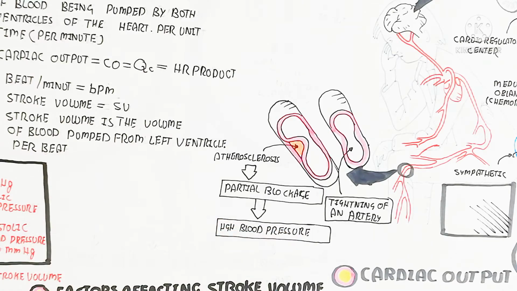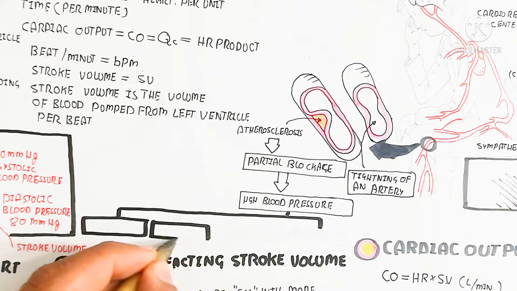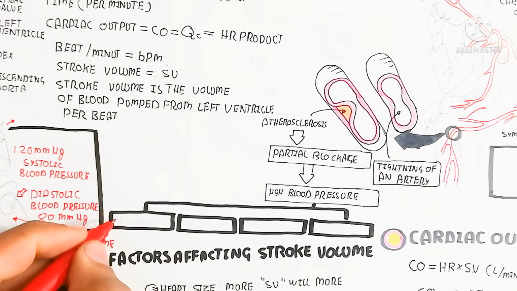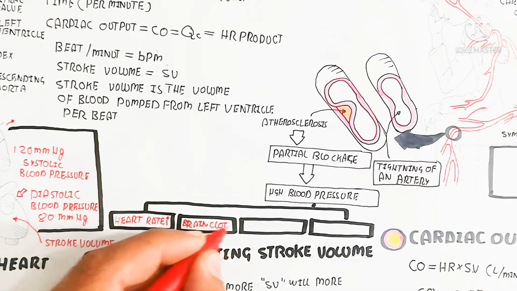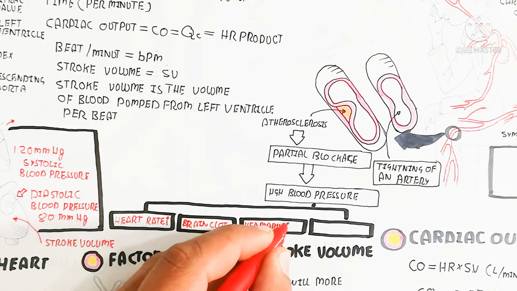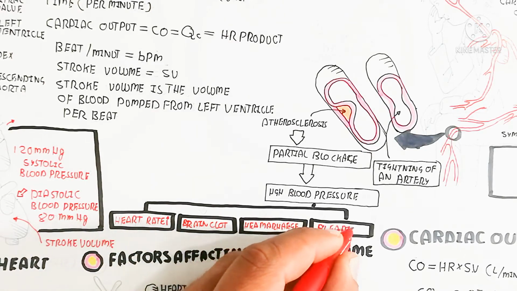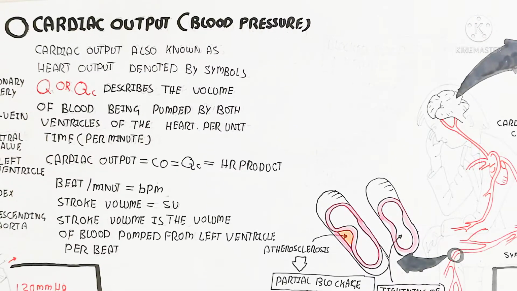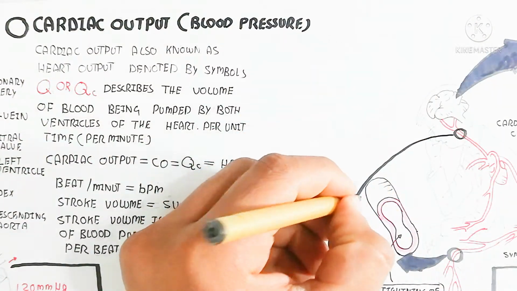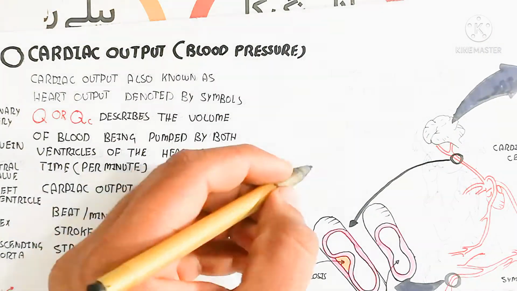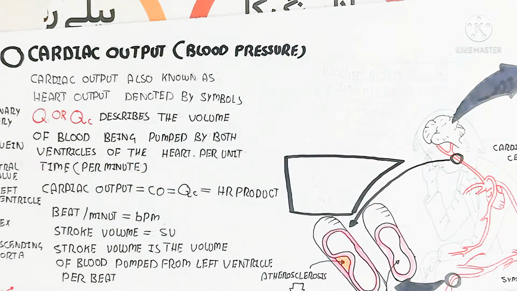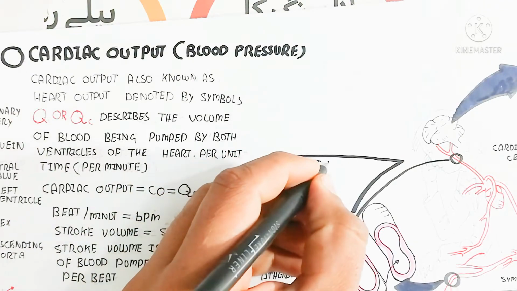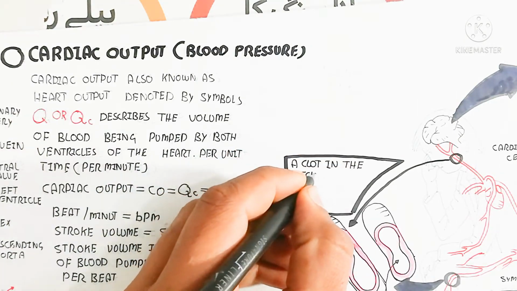Here is the partial blockage due to atherosclerosis, caused by complications such as diabetes or hypercholesterolemia. The blockage will increase the blood pressure, and high blood pressure can lead to increased heart rate, brain clotting, brain hemorrhage, bleeding, and bursting of the artery. So remember that.